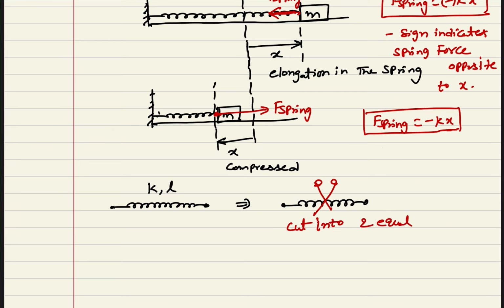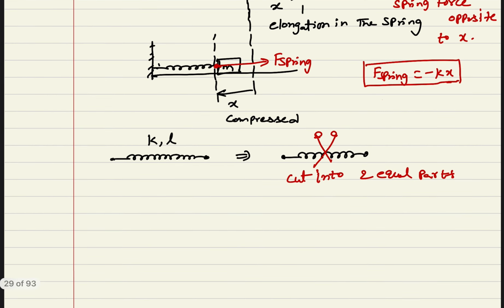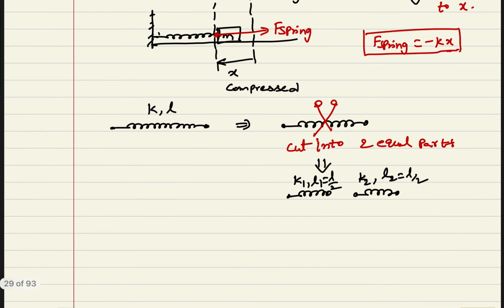If I cut into two equal parts, the first spring is like this and the second part will be like this. Now this is K1 and the length L1 is equal to L by 2, and K2 with length L2 is equal to L divided by 2. Whenever I am cutting, the force will not change. Force is the same in the spring.